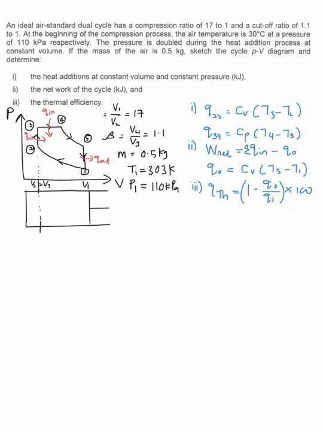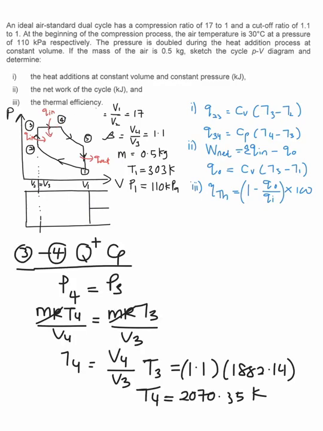So now that we already have states 2 and 3, next is to move to this relation, which is heat addition at constant pressure, so that we can get the temperature at 4 over here. So we equate P4 equal to P3 and make use of this PV = mRT, and we arrange it here. Again, mass and R are the same, so we can cancel them out.